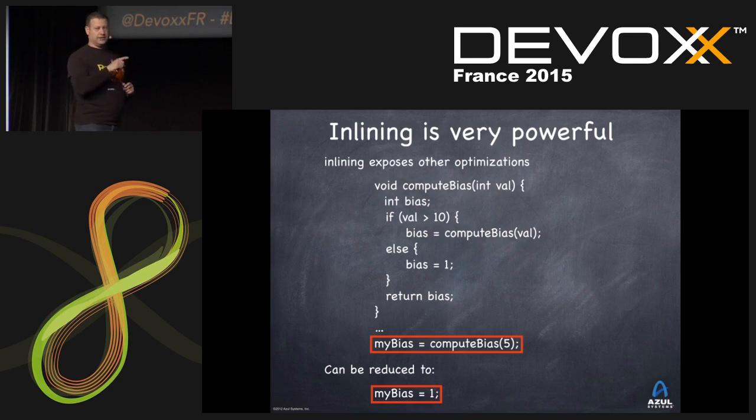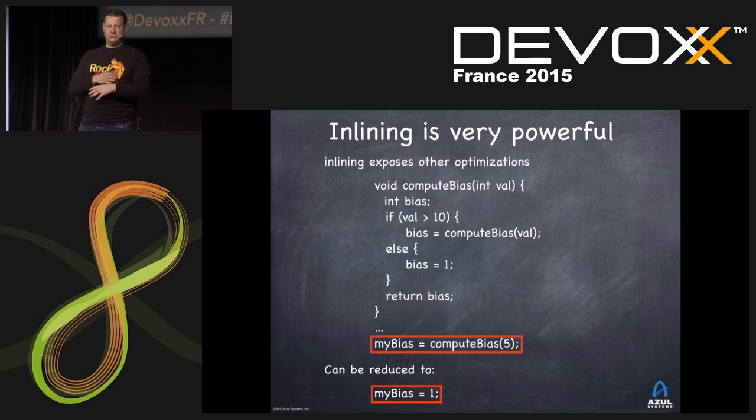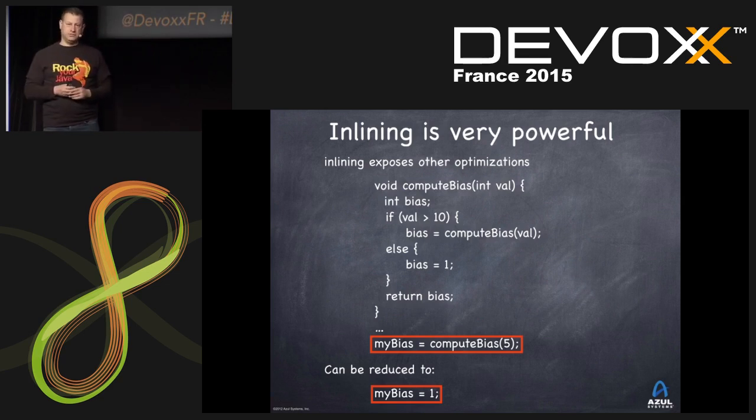Because at that site, it's a constant 5. Some other site might pass a different value, but at that call site, 5 is the value. And if 5 is the value, you can work through that code and figure out the result will be 1. Always. And the entire method collapses away. No call and no computation. That's an example of the power of this.